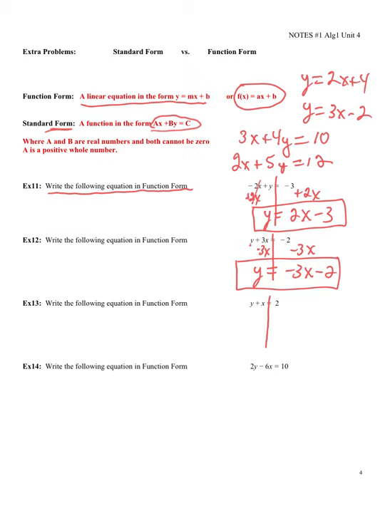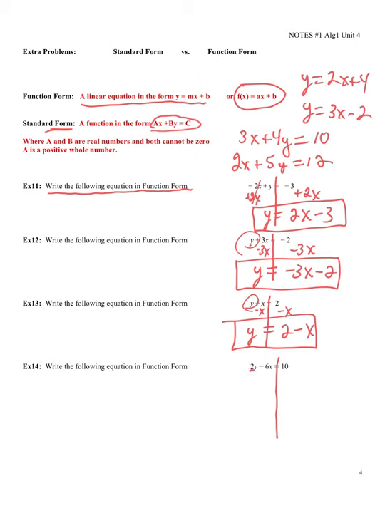Moving on to example 13, we're going to get y alone, we need to subtract x from each side, so we'll have y equals 2 minus x. Now the last one adds another step, because you can see with the right here, the coefficient of y is 1, but the coefficient of y in example 14 is 2.